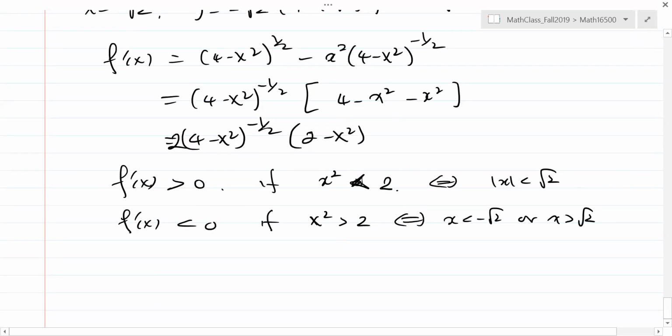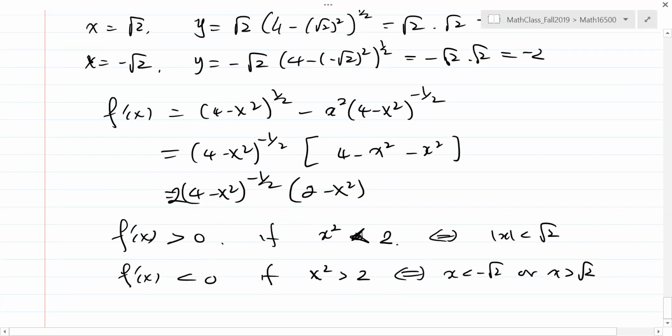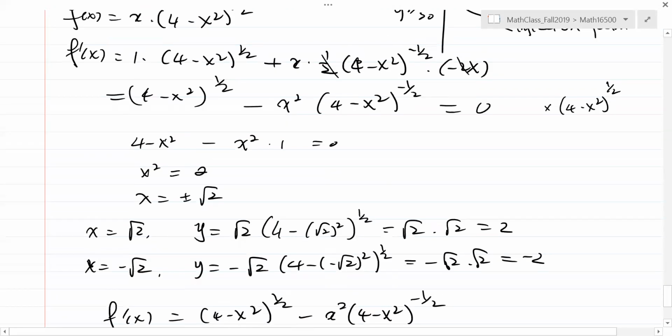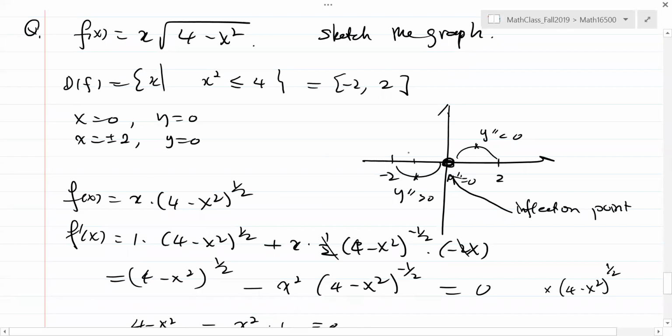So you can see where it's increasing, where it's decreasing. Inside the interval from negative square root 2 to positive square root 2, it's increasing. So from here, you can see that this is negative square root 2, that's positive square root 2, and that piece is always increasing.